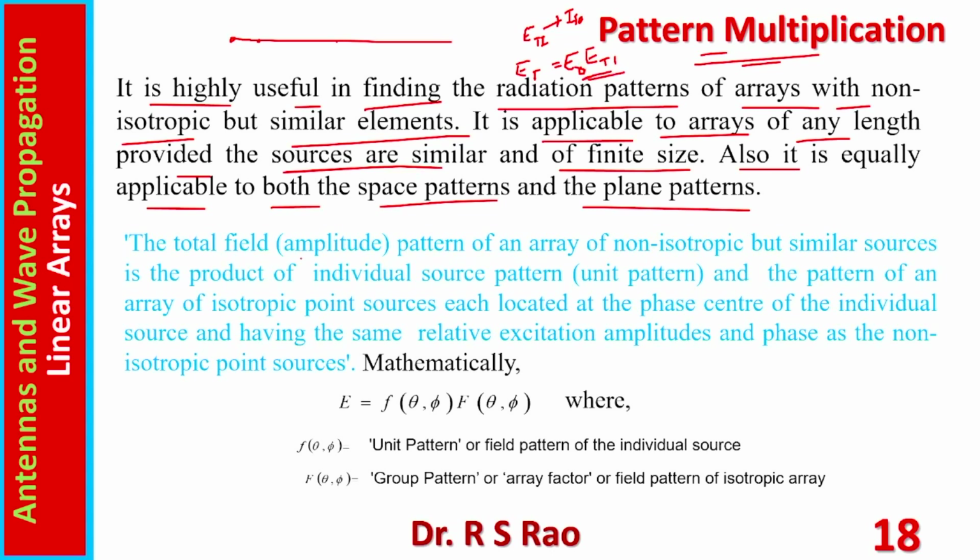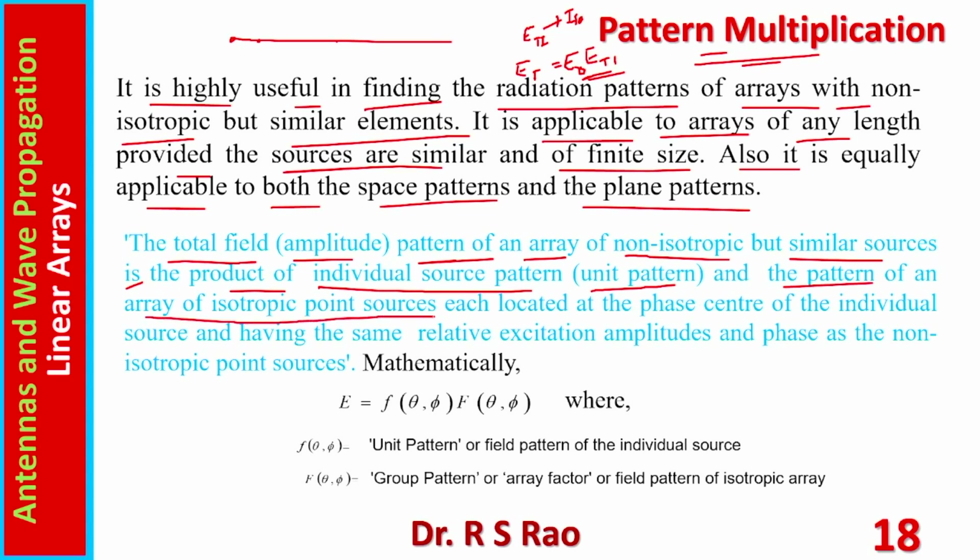Now, a statement is given here. Let us go through it. The total field amplitude pattern of an array of non-isotropic but similar sources is the product of the individual source pattern, called the unit pattern, and the pattern of an array of isotropic point sources, each located at the phase center of the individual source and having the same relative excitation amplitudes and phases as the non-isotropic point sources.